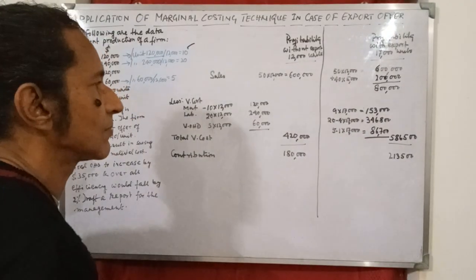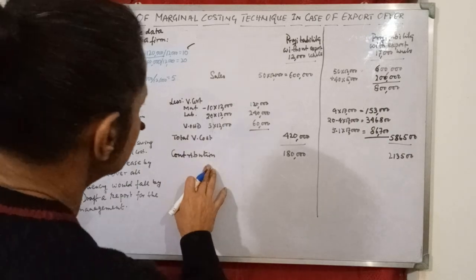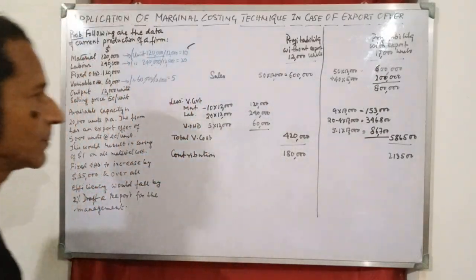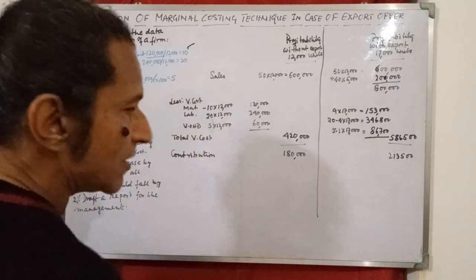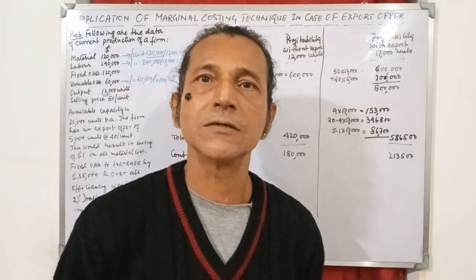Correct? We have found out contribution by deducting the variable cost from sales. Now from contribution we have to deduct what? We have to deduct the fixed cost to arrive at profit.